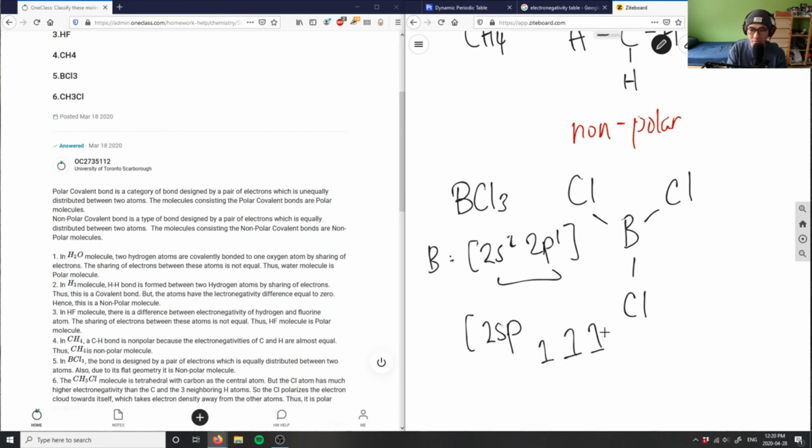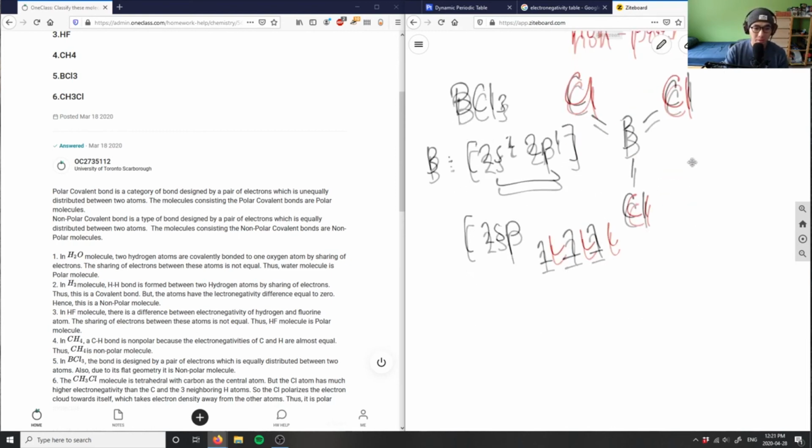You have 1, 2, and 3. Therefore, chlorine provides, if I drew chlorine in red here, it would provide these electrons to make this compound stable. So it hybridizes from 2s and 2p to sp hybridized orbitals. Therefore, it fulfills the shell, and it would make this compound nonpolar.